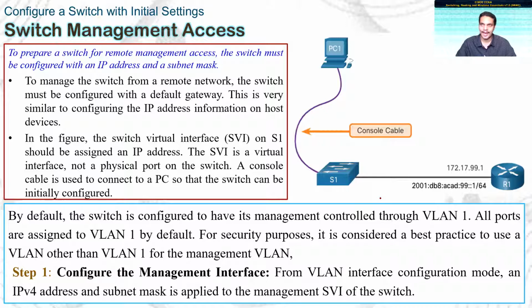Generally, we are in the habit of using interface VLAN 1, which is the default VLAN on all ports. But for security purposes, it is recommended to use a different VLAN for management. We will study more about VLANs, what they are and why we should go for them, from module 3 onwards.